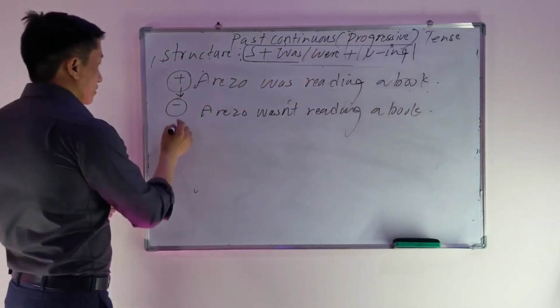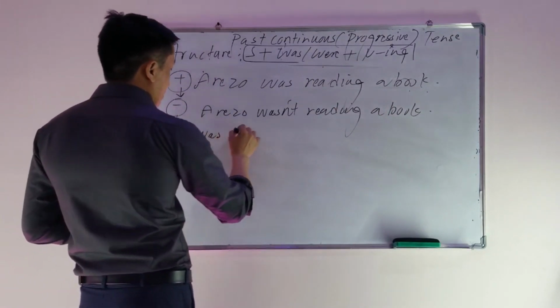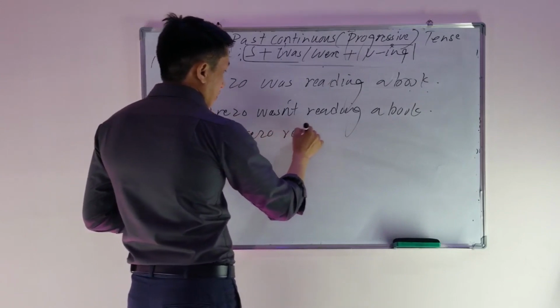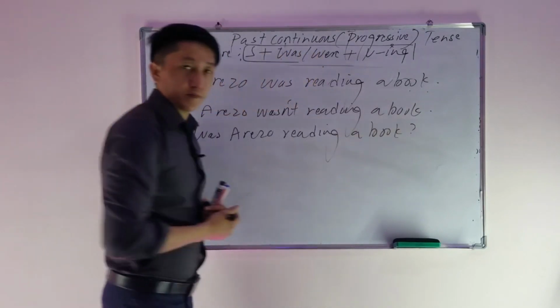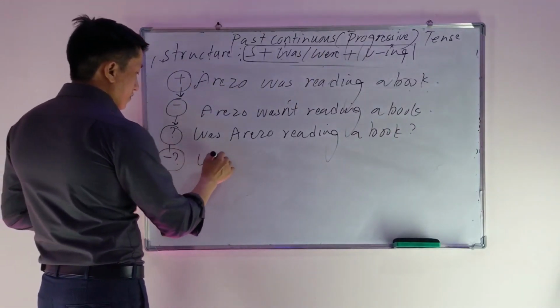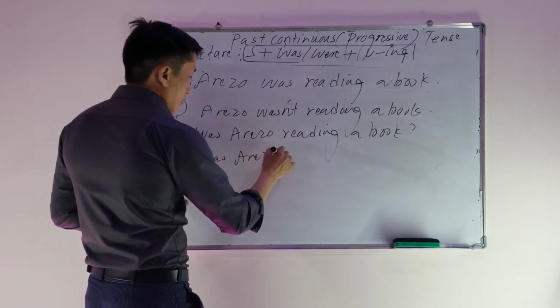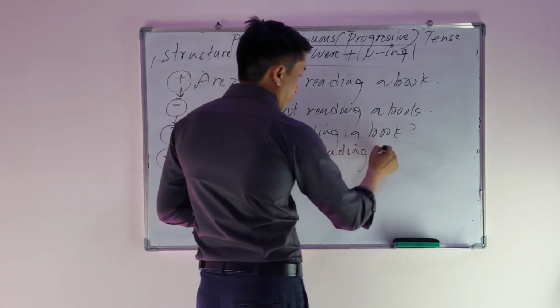How can I change it to a question? If I want to change it to a question, I have to say was Arzu reading a book. And if I want to change it to negative interrogative, I have to say was Arzu not reading a book.